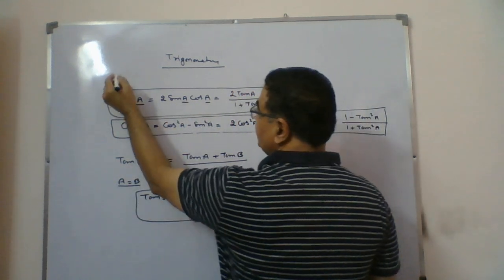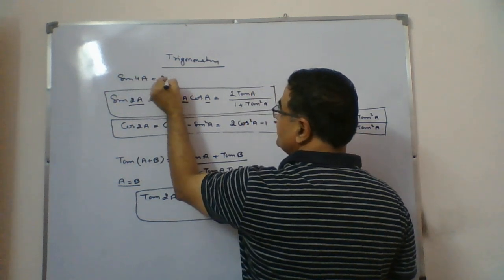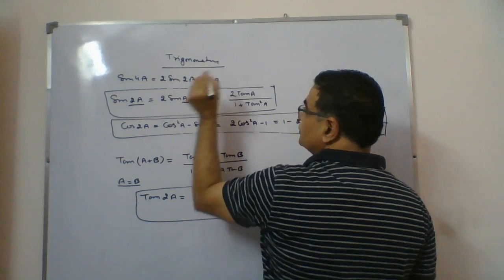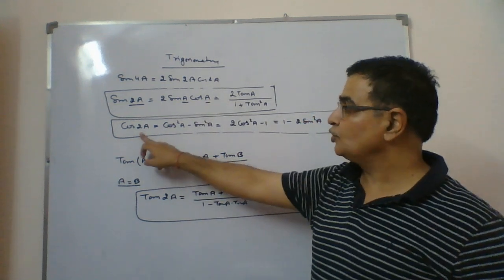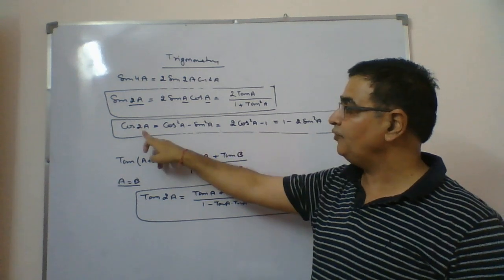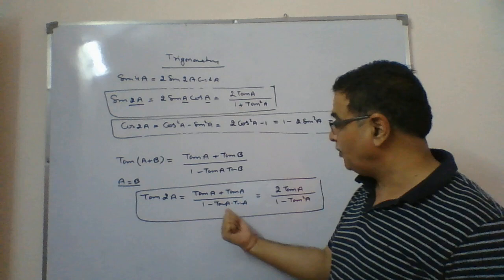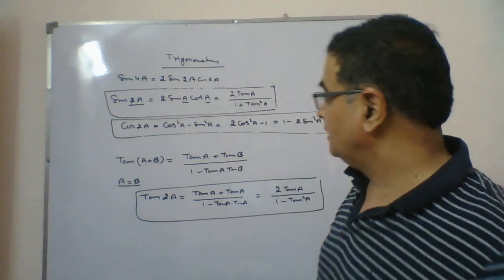By the way, if someone says sin 4A, then this formula will change to 2 sin 2A cos 2A. So keep in mind, whatever the angle, we make half of it. Here if it is 2A, it will be A and A. If it is 60, it will be 30 and 30. If it is 50, it will be 25 and 25. So that way it will go. So the formula for tan 2A is 2 tan A by 1 minus tan square A.